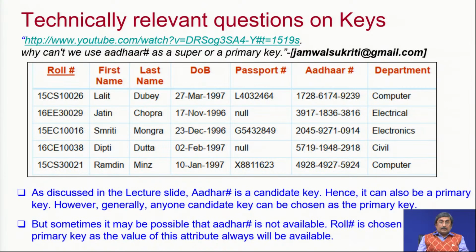But in case I am told that there will be some students for whom the Aadhaar number may not be available, what does that mean? This Aadhaar number column may have null values, then I cannot take Aadhaar number as a candidate key, because to become a key, two criteria must be satisfied. One is, it has to be unique in all records, in all rows, and the second one is, it must be non null. Any column which has null values cannot be a candidate key or a primary key, right.